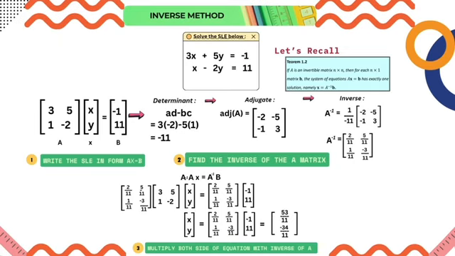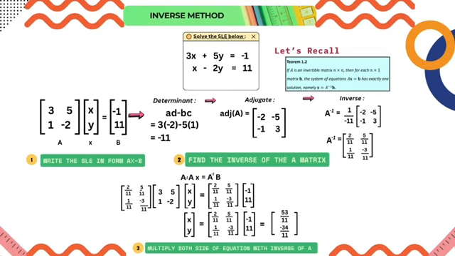A inverse, which is [2 over 11, 5 over 11; 1 over 11, -3 over 11], times the A matrix, that is [3, 5; 1, -2], times [x; y], equals the inverse of A times B, that is [-1; 11].